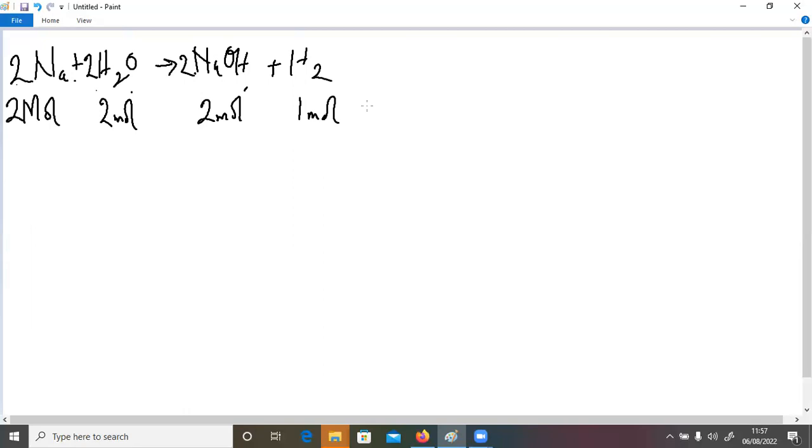The implication is this. If I tell you that in this equation I used 11.5 grams of sodium, and it is a complete reaction, I'm able to check out each of the other components that was produced or used.